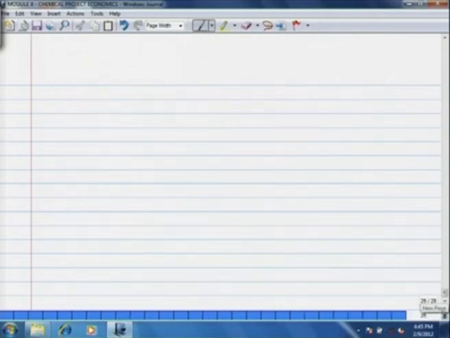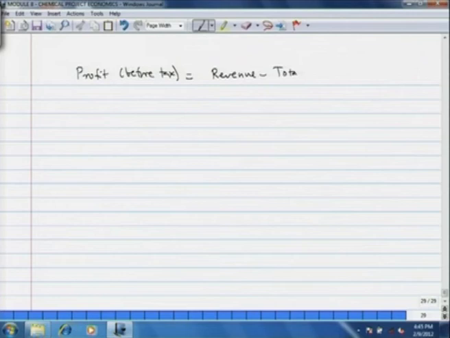Now having said this, let us develop a brief expression for the net profit. Profit before tax, as I told you, is revenue minus total production cost. Now out of this, some funds are reserved for depreciation.